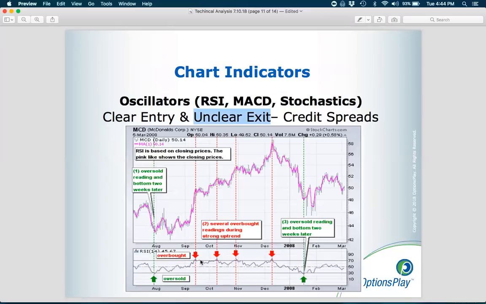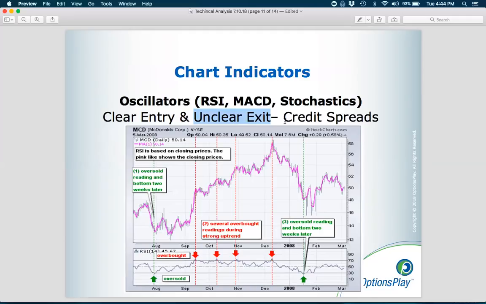And it can become overbought even if the stock doesn't move significantly higher, as long as enough time passes. That's one of the things about all of these oscillators, that there's a look back period. And as long as you exceed that look back period, the stock doesn't necessarily have to move very much in one direction in order to be overbought or oversold again.